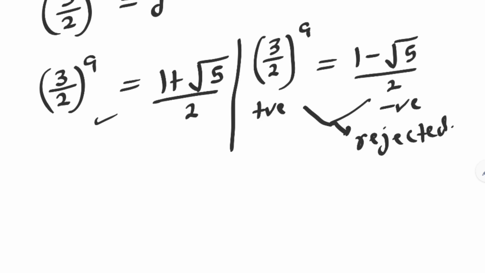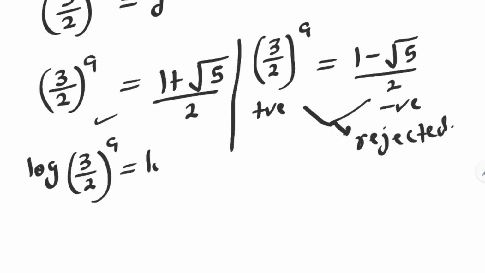Let us take the log on both sides of this equation. We have log of 3 divided by 2 raised to the power of a is equal to log of 1 plus root 5 divided by 2.